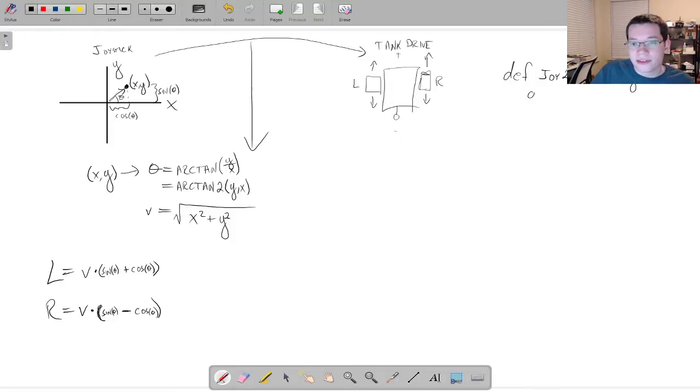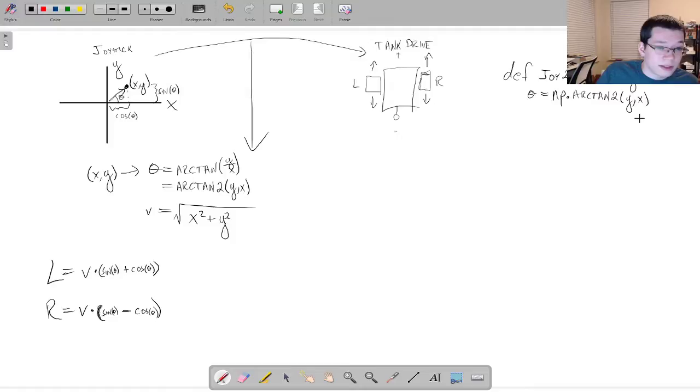Then we're going to have theta, and my variable name would be theta, not the theta symbol, but for the sake of simplicity here, theta equals numpy, or whatever math library you're using, dot arctan2 of y, x.